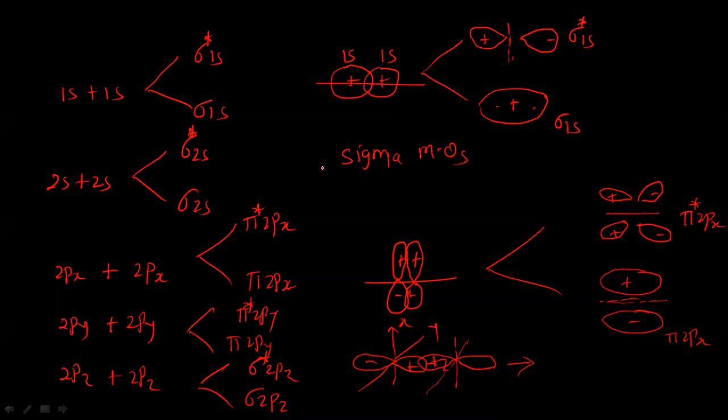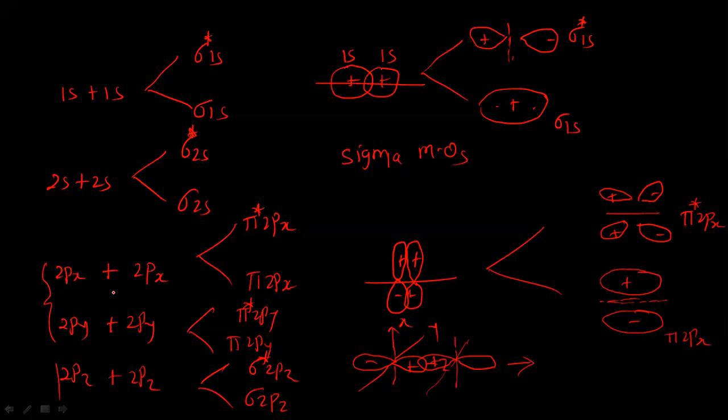So remember, of the three p orbitals, two p orbitals are involved in the pi bonding molecular orbitals, and one p orbital, that is the pz orbital, is involved in the sigma bonding molecular orbital. This is most important here: how the sigma and pi bonding molecular orbitals are formed.